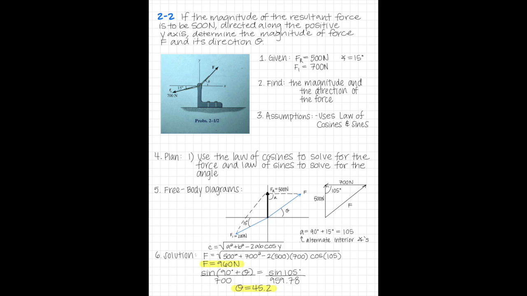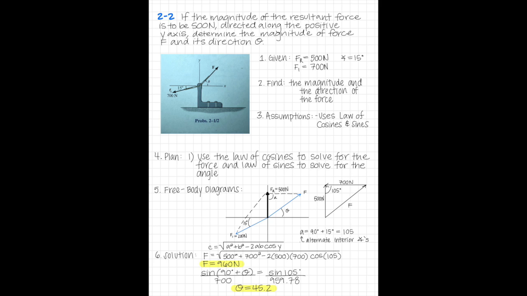So we're going to have F equals the square root of 500 squared plus 700 squared minus 2 times 500 times 700 times cosine of 105, and let's extend this. So calculations, we determined that the force equals 960 newtons rounded.